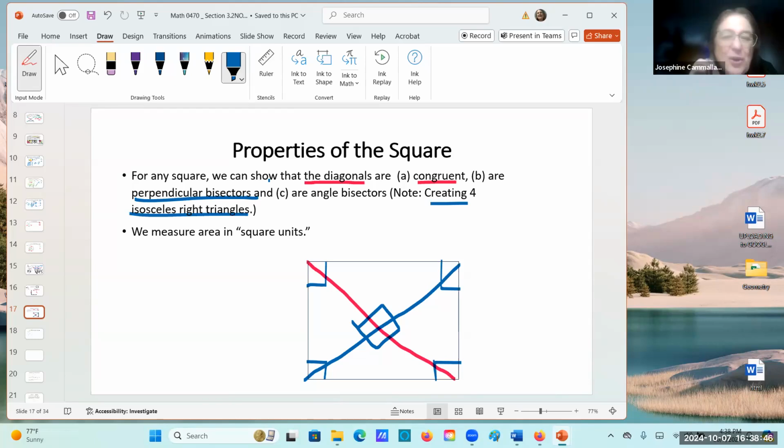But the square is totally unique because it confirms all 4 inside triangles are isosceles. Now, can it happen with a rectangle? Yes, but not as often. Now, it also brings in the concept of area. Squares, when we go for area, happens to be square units. Okay.